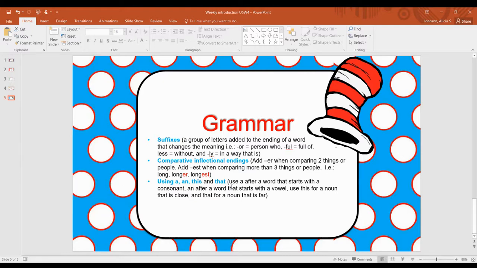So I might say, I am an architect. We use this for when we're speaking about a noun that is close. So I might say, let's sit in this chair. And then we use that when we're speaking about a noun that is far. So I might say, can you see that cat across the street?